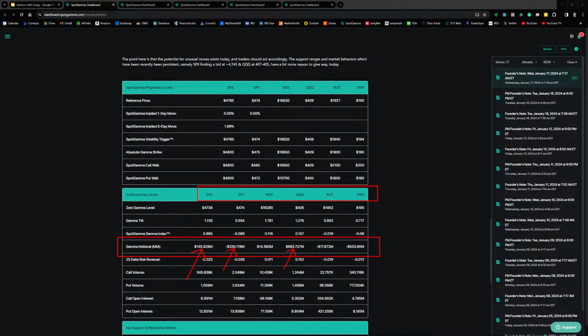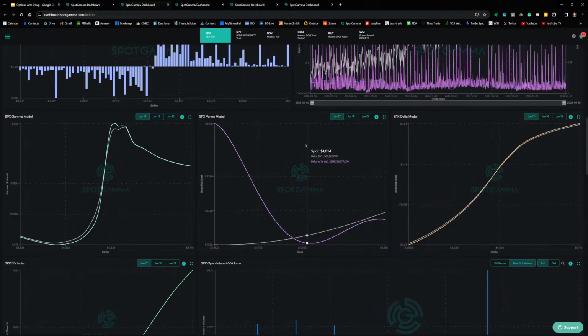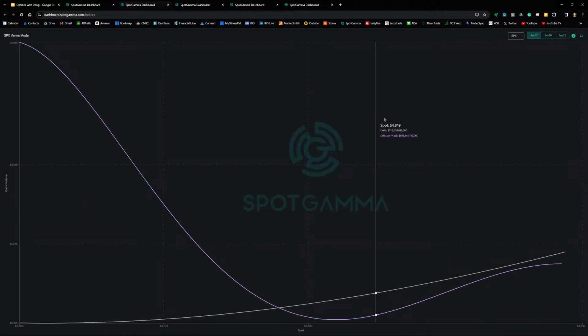So let's take a look at the Vanna model to get a graphical representation of what that means. This Vanna model for SPX is a little bit unusual in that it is showing such a large skew to the left. This is more typical for a more negative gamma environment.